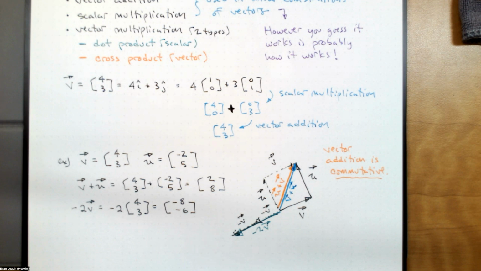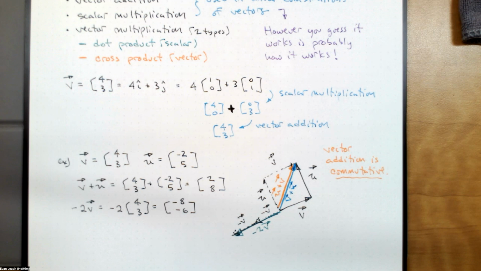So there are two kinds of vector multiplication: the inner product, scalar product, or dot product, and the cross product. Our favorite one is going to be the dot product, the scalar product. Here's how we want to think of the dot product. The dot product is when we're multiplying at an angle.